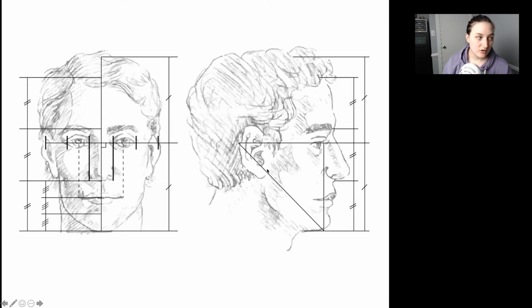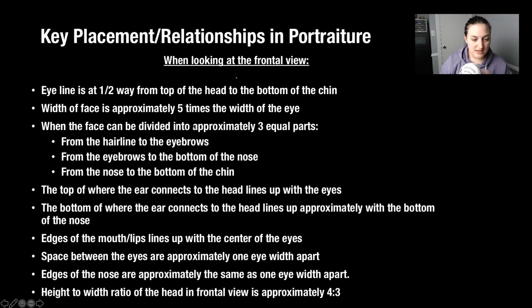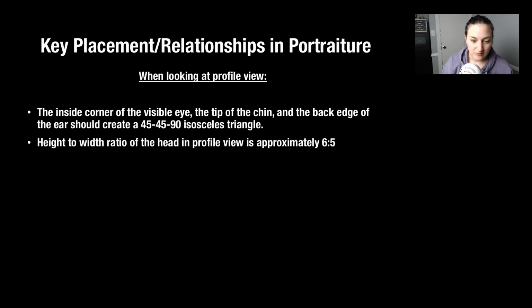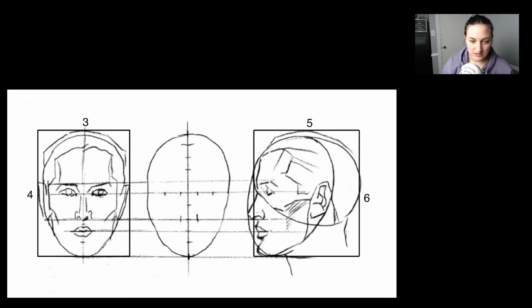We just want to make sure our ears aren't way back here or way up here, and this can help give a general placement. And these next two slides are everything I just said, written out, and I will keep that in the PowerPoint so you can see it later.